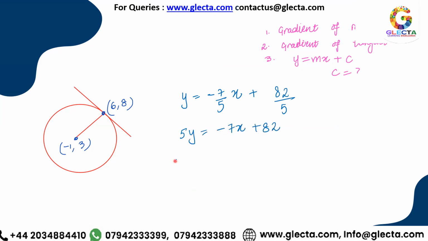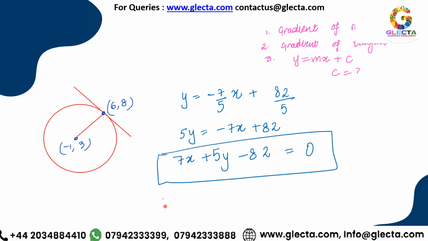Take everything that you have on the right side. So 7x plus 5y, take away 82, equals 0. So this is the equation of the tangent. This is our required equation.